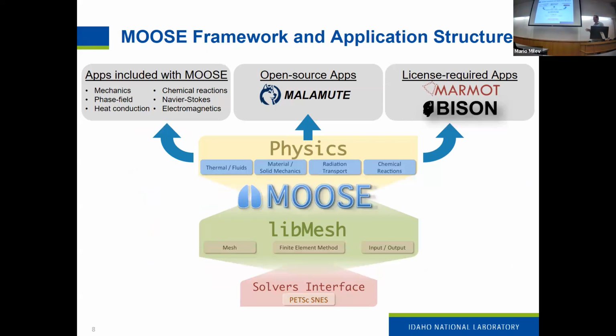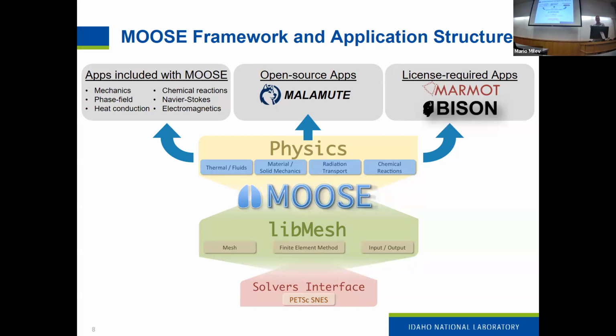And then we use the libMesh framework to handle a lot of the lower level things that are needed for the finite element methods, such as mesh generation, input output, and so on. Then MOOSE sits on top of libMesh, and basically we take the physics problem that we want to solve, put it in the weak form of the partial differential equation, and then use MOOSE to solve it.